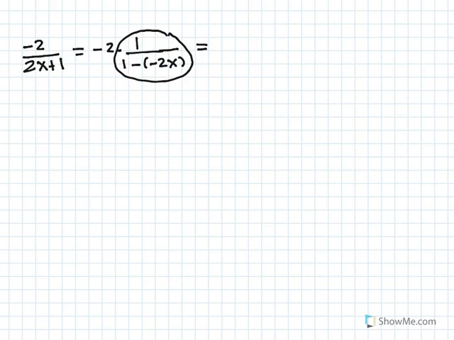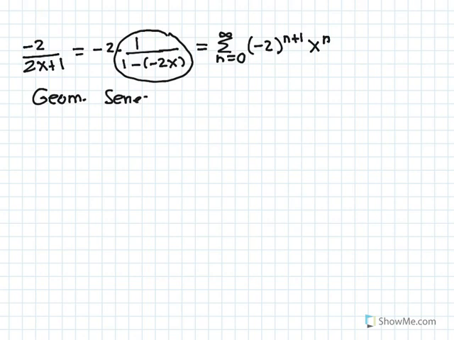And the power series representation of this is n equals 0 to infinity of -(2)^(n+1) times x to the power of n. Now this is a geometric series with a common ratio r equals -2x.